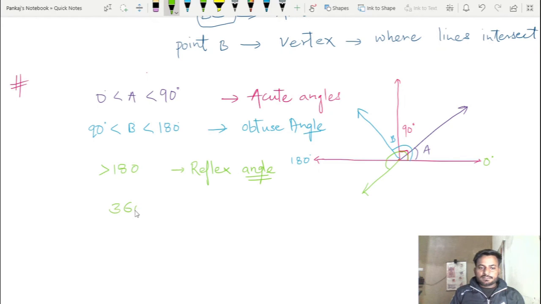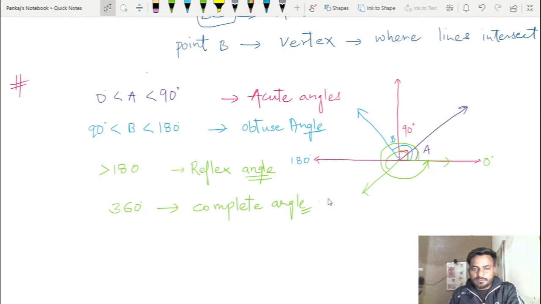And 360 degrees, that means this whole angle, is called a complete angle. So these are the categories of angles.